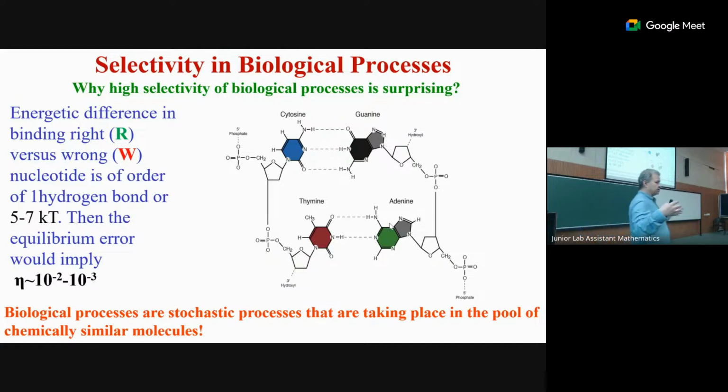If you think that this process of the wrong one coming and binding is followed by equilibrium, that would be the error. So this is the smallest possible error if the process is equilibrium. But the error rate that I showed you, the probability, is much lower, which is an indication it's a non-equilibrium process. We know all biological processes are non-equilibrium.